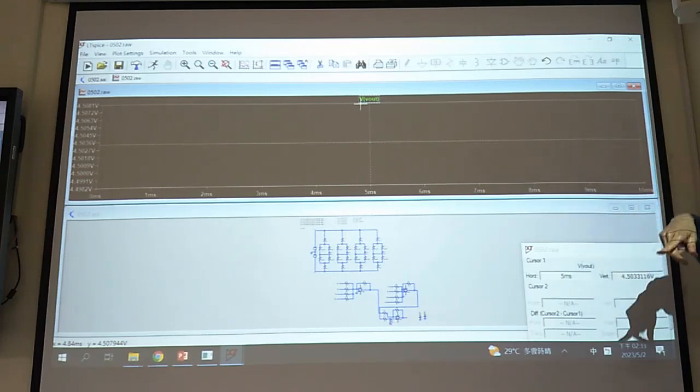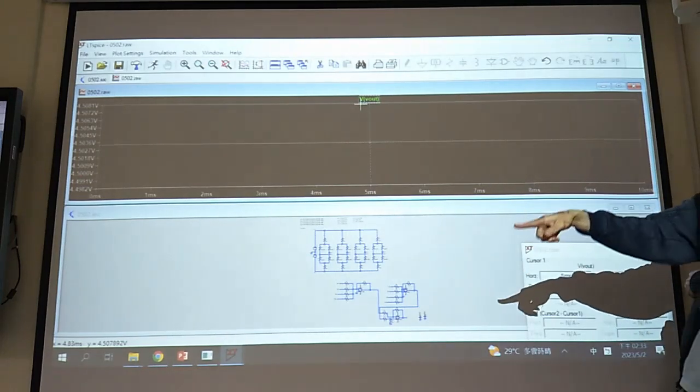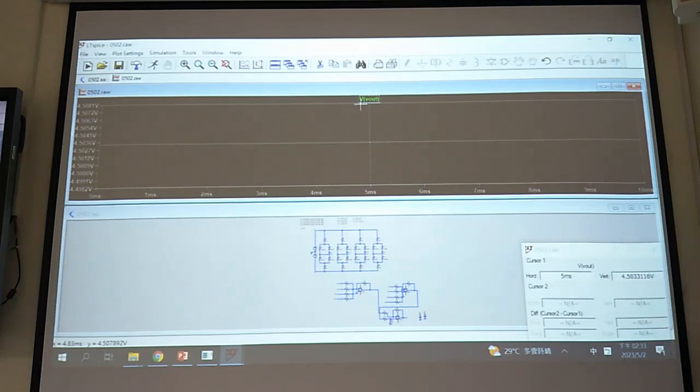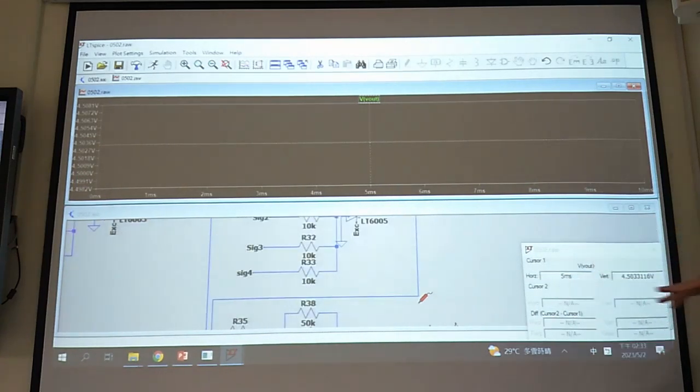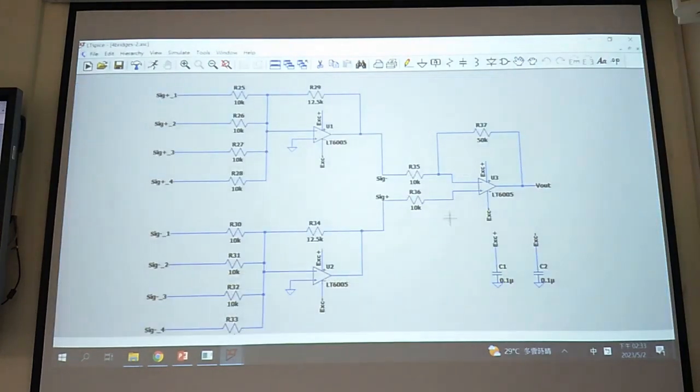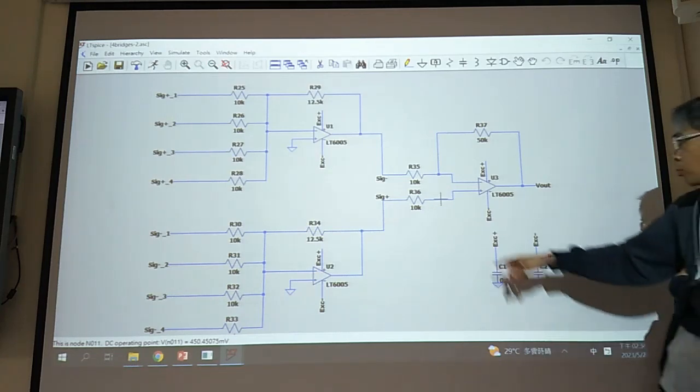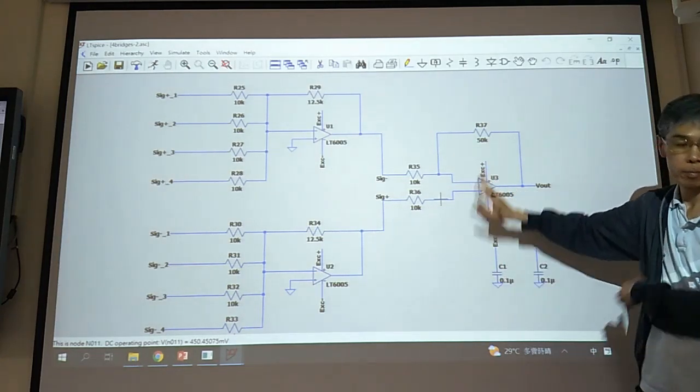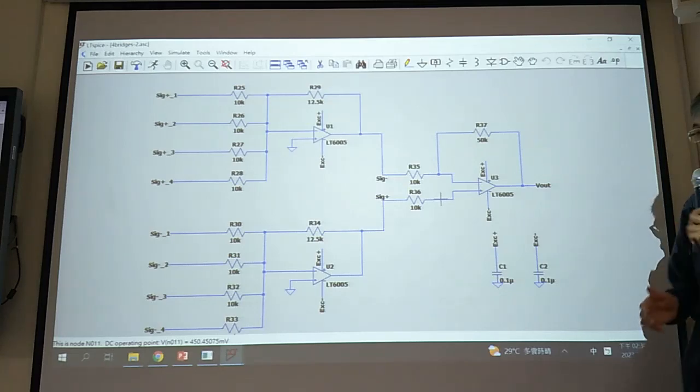So, can you explain what's the difference between your circuit and his circuit? Can you put these two together? We have a resistor here and a U. Okay, he didn't put this one in.